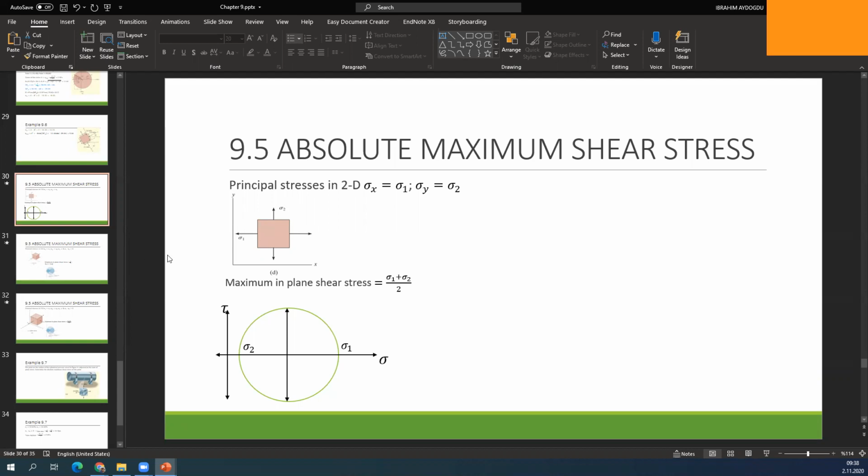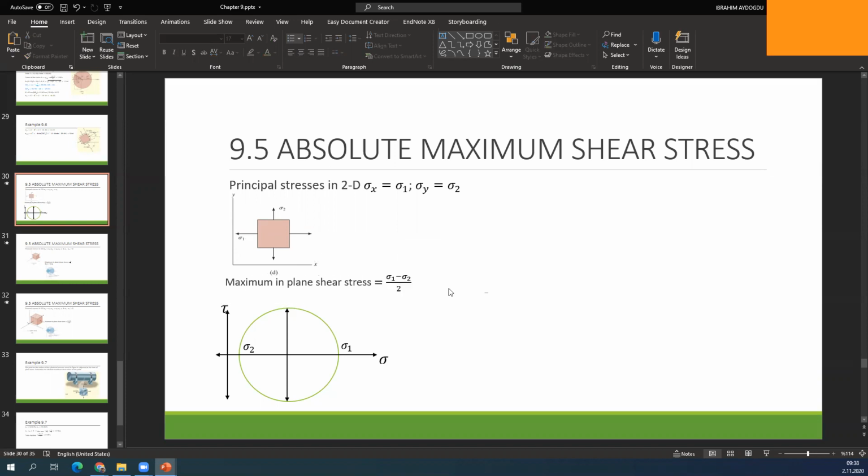For example, if I have a plane stress element with sigma 1 and sigma 2 values, and both values are positive, we consider the maximum in-plane shear stress is equal to the average of these stresses. No, sorry, the subtraction of these stresses. I miswrote in here.